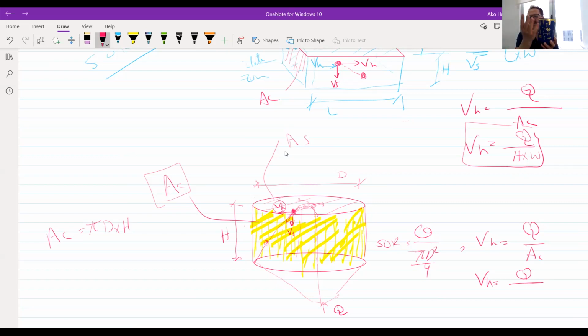This is the surface area of this cylindrical part. We call it the cross-sectional area. Now Q divided by this cross-sectional area gives you the horizontal velocity. So SOR is equal to Q over πd squared over 4, and this is for πd, the circumference, times the h.